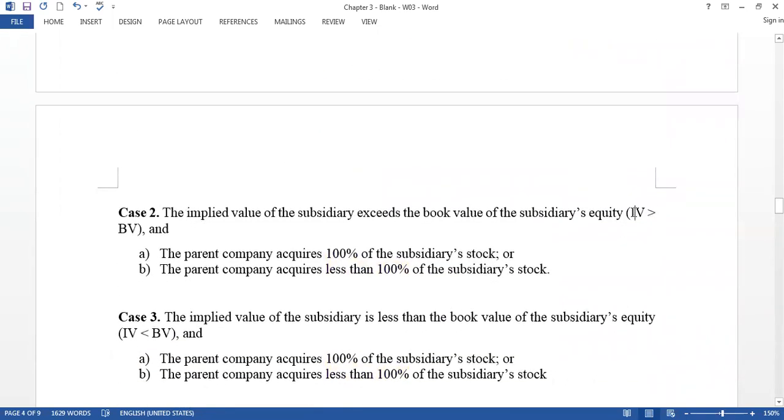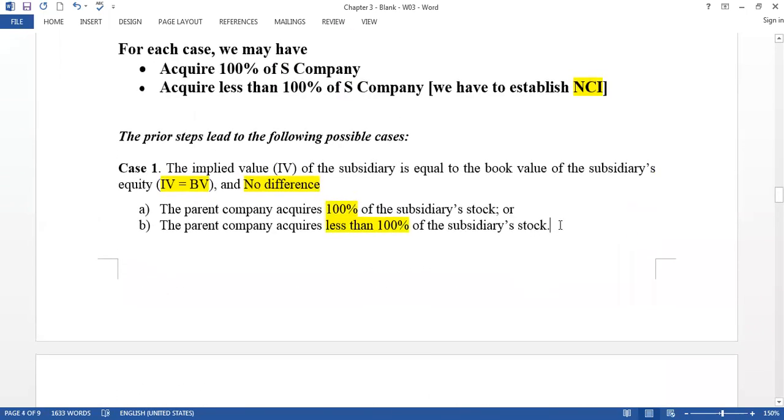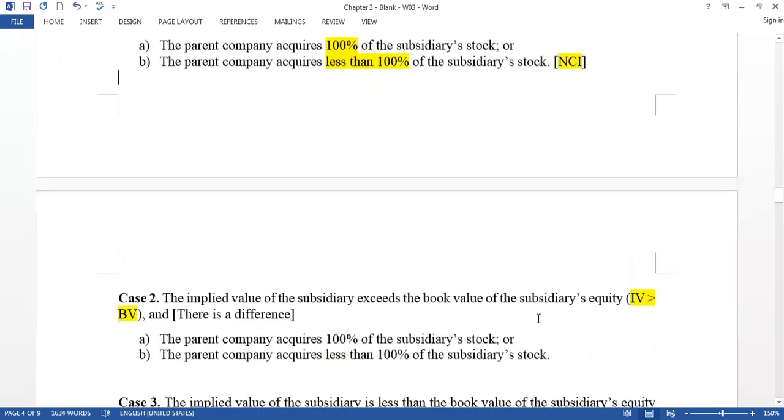Implied value is higher and book value is lower. So there is a difference. And here I repeat again, if it is less than 100%, don't forget to establish NCI.